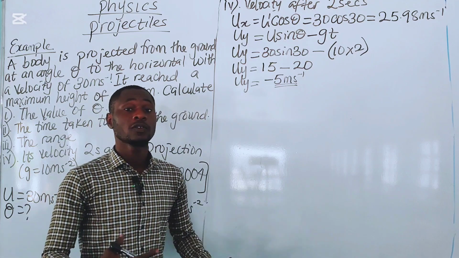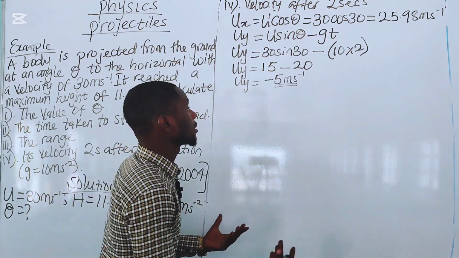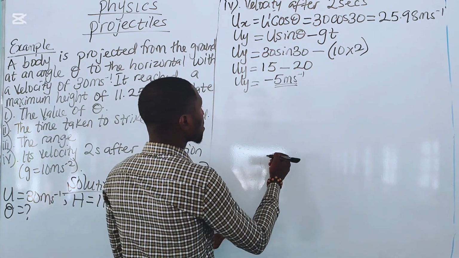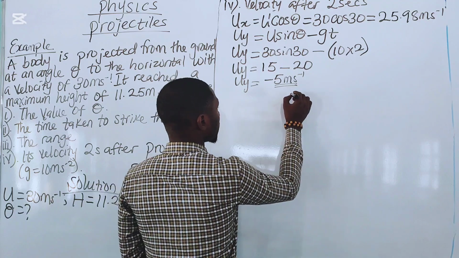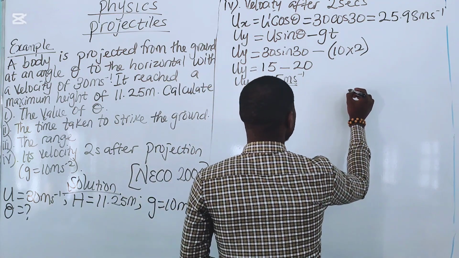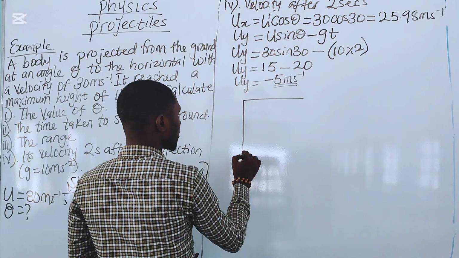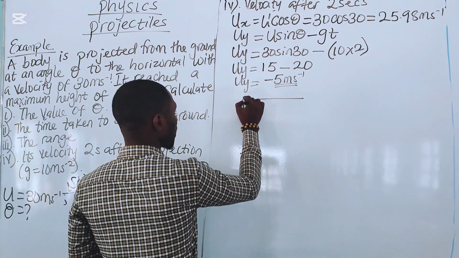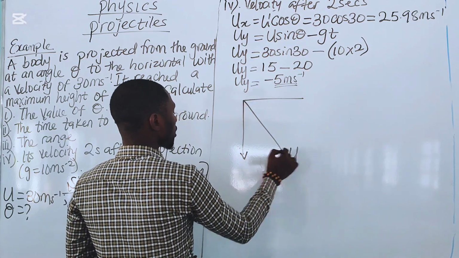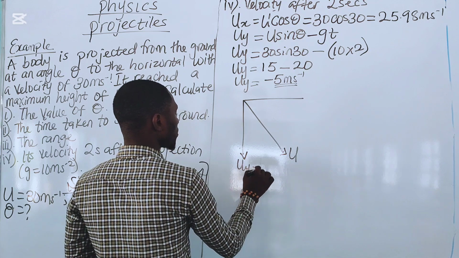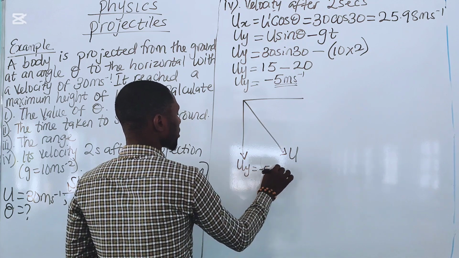Okay, so we found the horizontal and the vertical component. The next thing is to find the resultant, since they are always at right angles to each other. So this becomes a vertical component, a horizontal component, and this becomes the resultant u. This is uy, which is minus 5 meters per second.